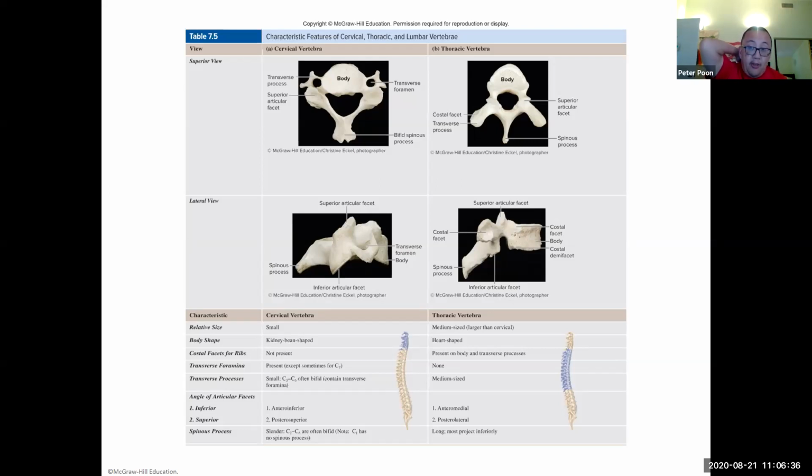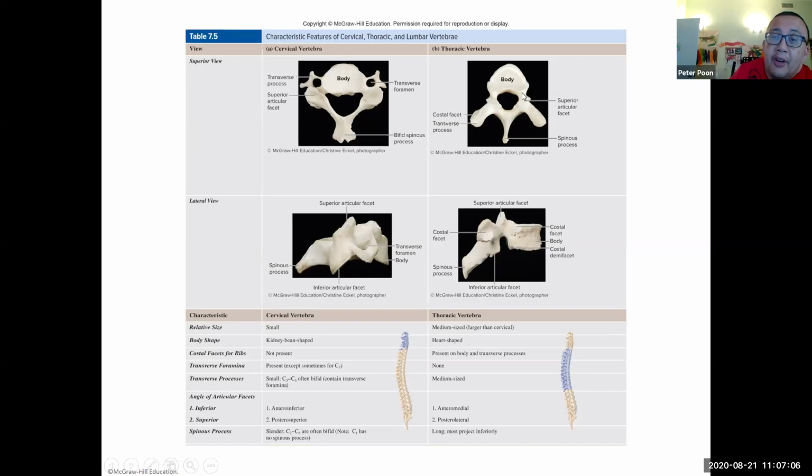That bump is the spinous process of C7. If you push really hard above it, you'll find another bump, but that's deeper. That is the spinous process of C6.